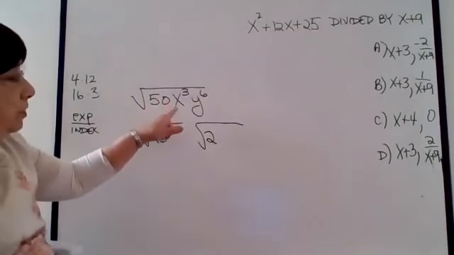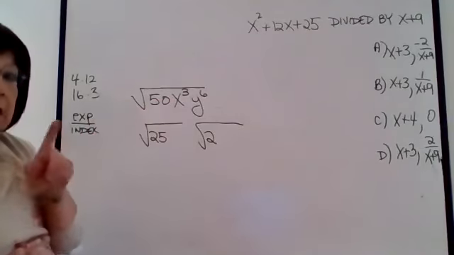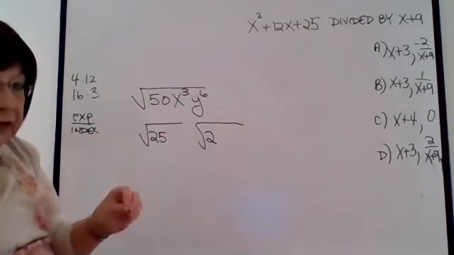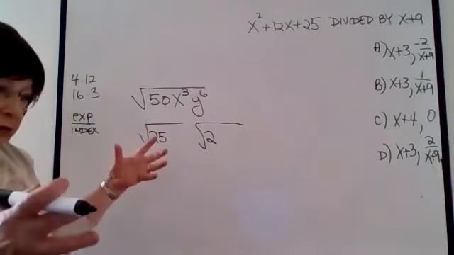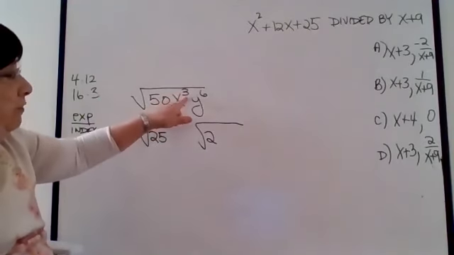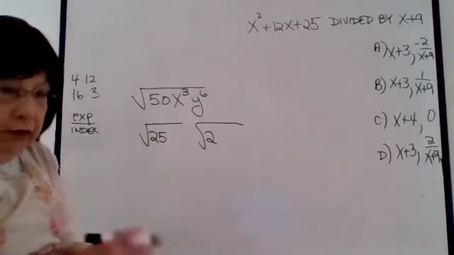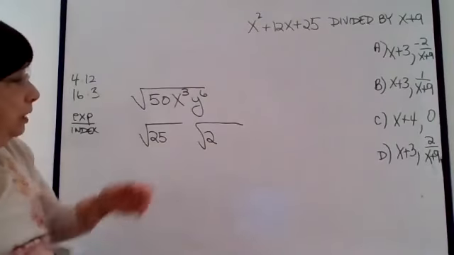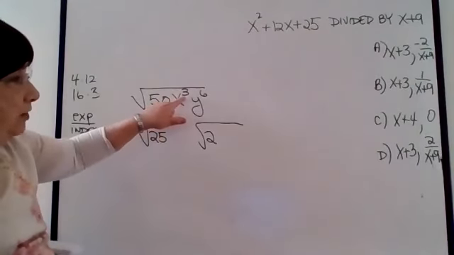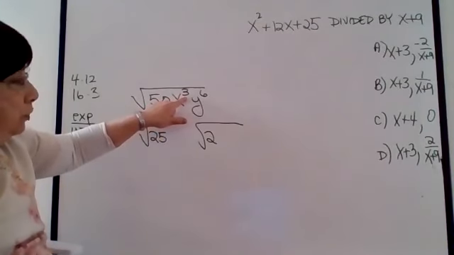Then I look at the variables. The first variable is x to the 3rd. Sometimes I have to separate it, sometimes I don't. If its exponent is even, it is a perfect square, so I don't have to separate it. But if its exponent is odd, then I do have to separate it. This has an exponent of 3.